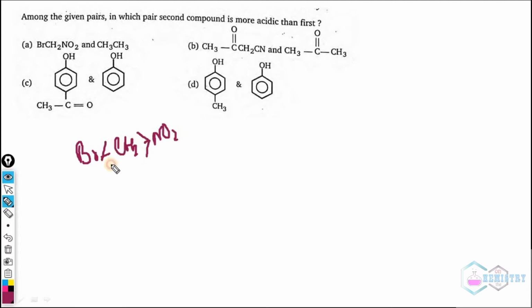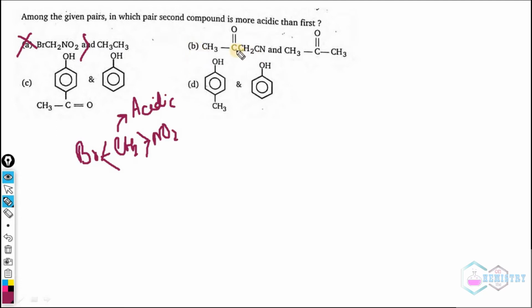These two are electron withdrawing groups, and hence it is acidic. But there is no electron withdrawing group present in CH3CH3, that is in ethane. Hence the acidity of the first one is greater than the second one. So this is not the answer.